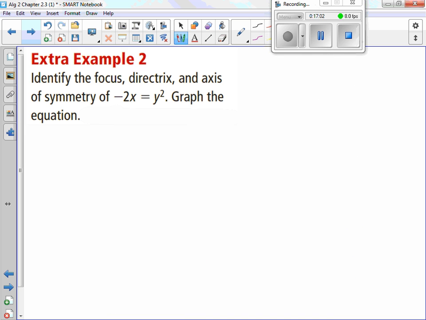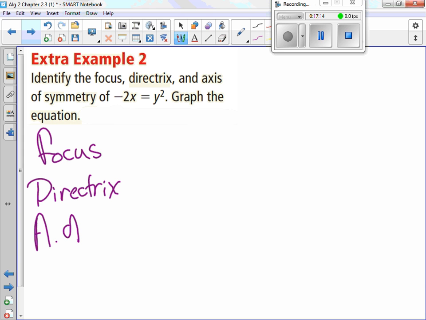Identify the focus, directrix, and axis of symmetry of this here. Focus. Directrix, axis of symmetry. Now again, we have the equation negative 2x equals y squared. So what variable is being squared?